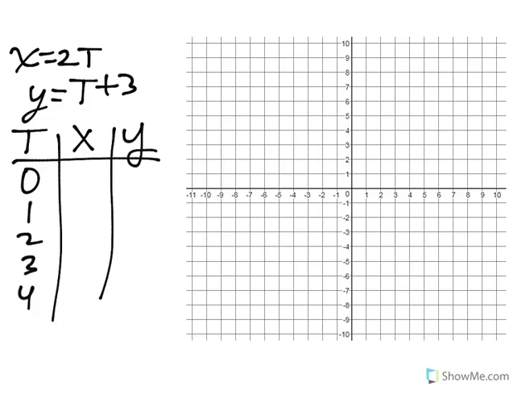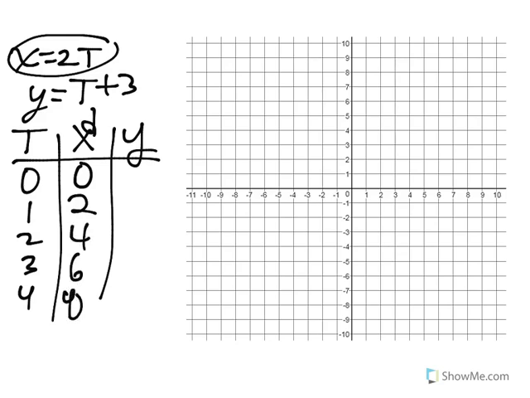In the x column, I plug in x equals 2t, so I get 2 times 0 is 0, 2 times 1 is 2, 2 times 2 is 4, 2 times 3 is 6, 2 times 4 is 8. For the y column, I use the other equation, t plus 3, so 0 plus 3 is 3, 1 plus 3 is 4, 2 plus 3 is 5, 3 plus 3 is 6, 4 plus 3 is 7.